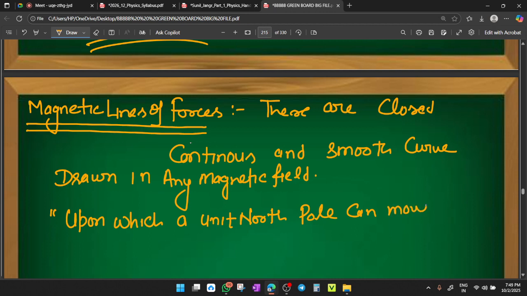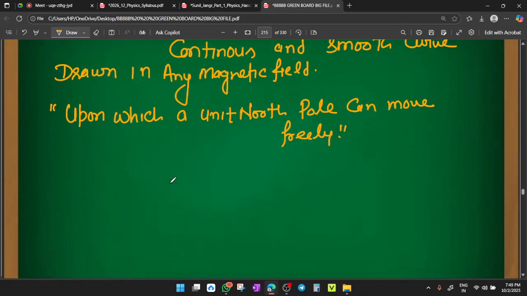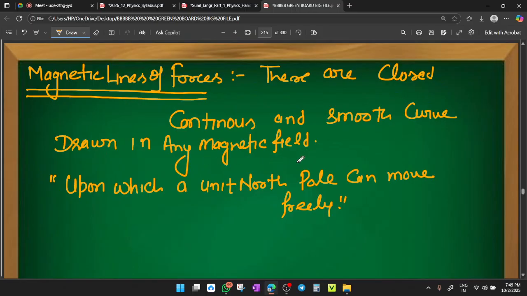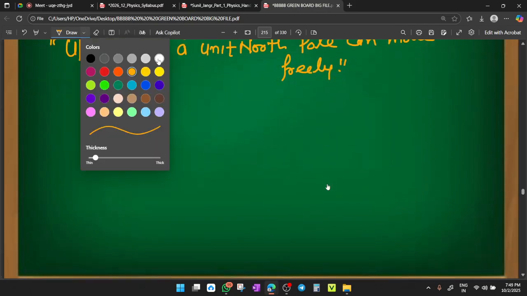This is very important. Actually, the trace generated by the movement of a unit north pole is termed magnetic lines of force. So magnetic lines of force are the imaginary closed smooth curves upon which a unit north pole can move.